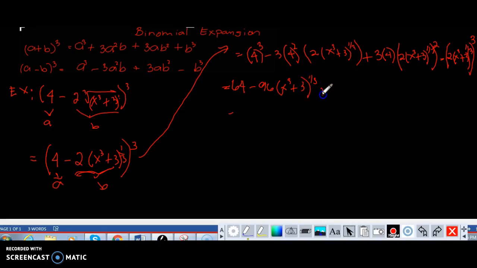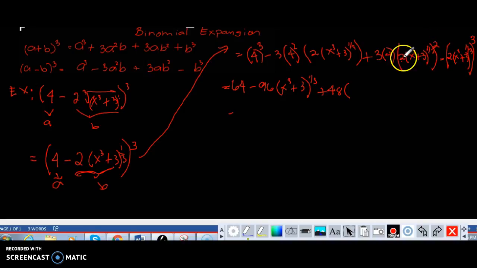Plus, let's look at this one carefully. This 2 is getting squared. So 2 squared is 4, times 4 is 16, times 3 is 48. So that's 48. Now this x cubed plus 3 to the power of 1/3 is getting squared.